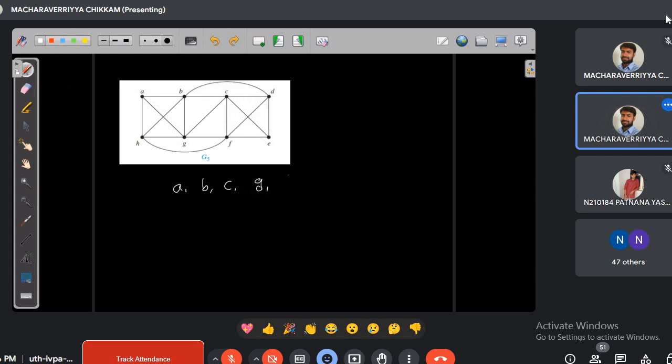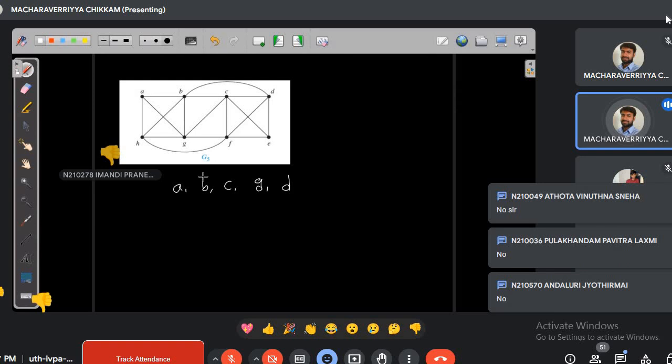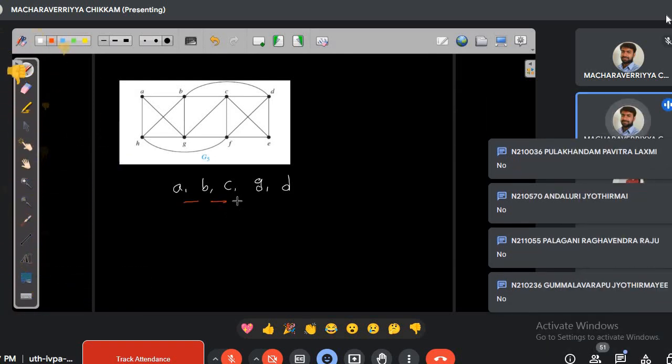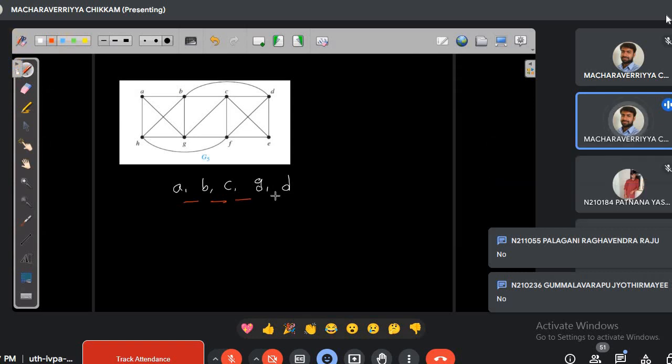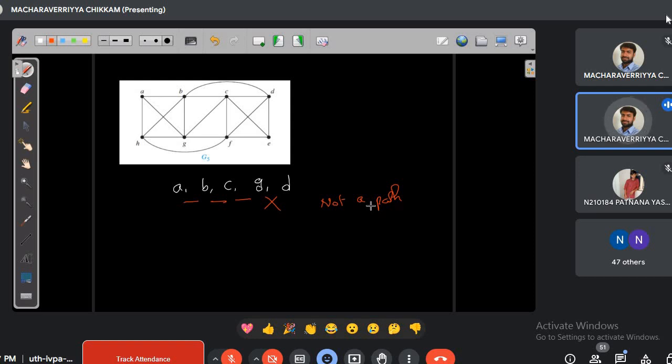After G, next D. I'm writing a sequence of vertices. Is this a path here? No, it's not a path. Why? Because from A to B we have an edge, B to C we have an edge, and C to G also there is an edge. But from G to D there is no edge. Therefore, it is not a path. Okay, so given a sequence of vertices, we can identify whether it is a path or not.